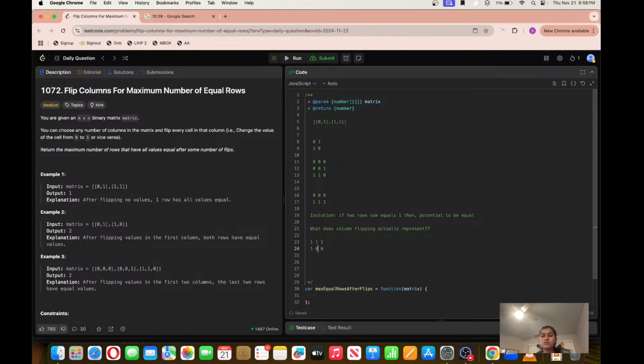This is 0, this is 0. Suppose if it is 1 0 1, then 0 will be changed to 1. So there are two rows, and if I flip a column, then one will be 0 and another one will be 1.